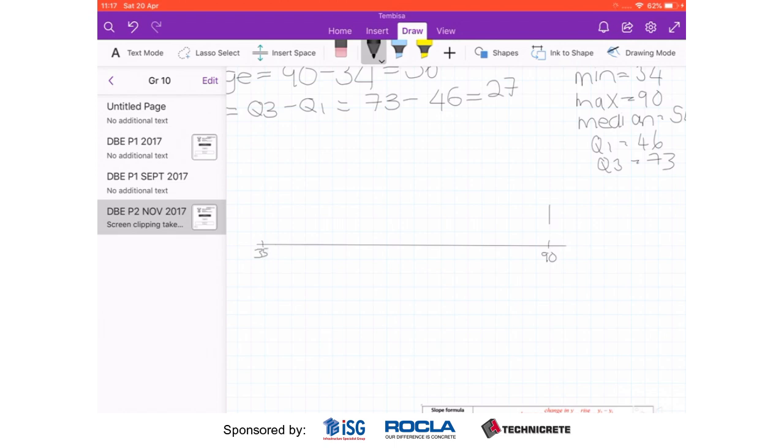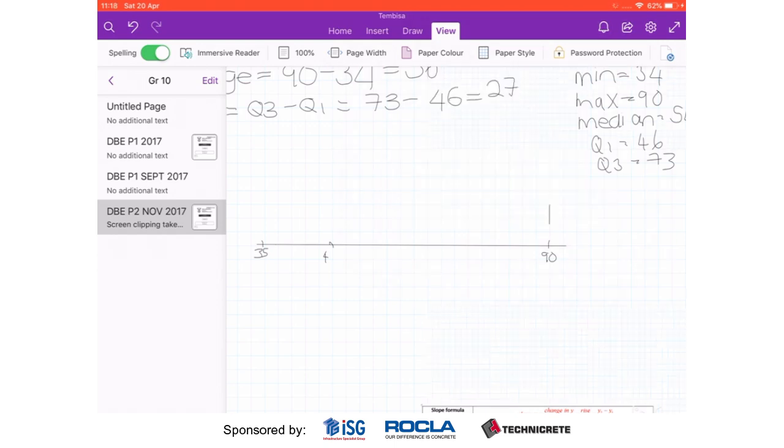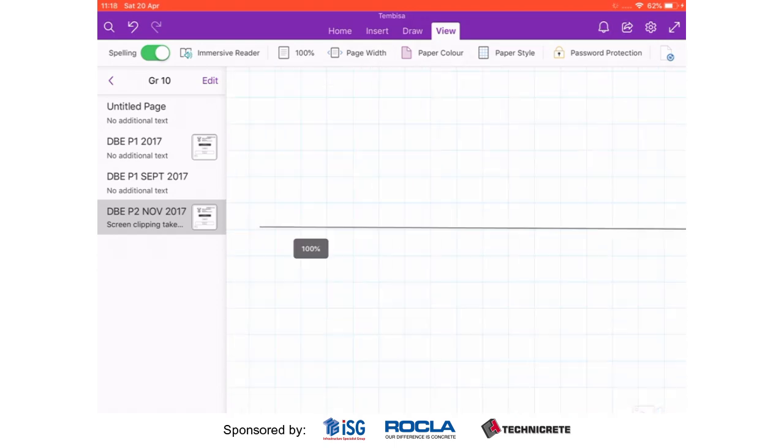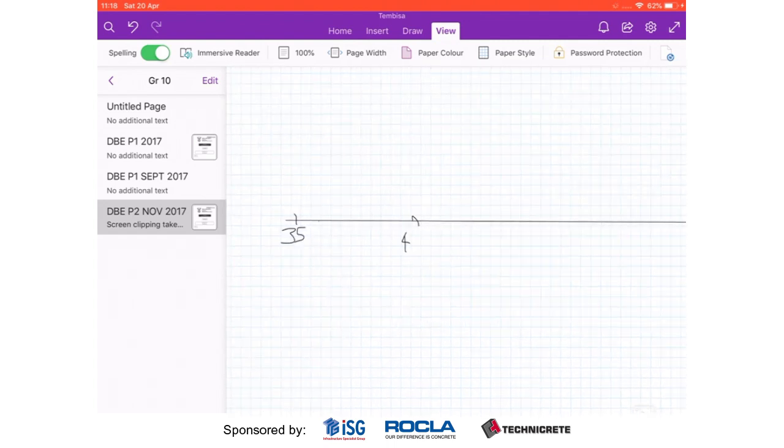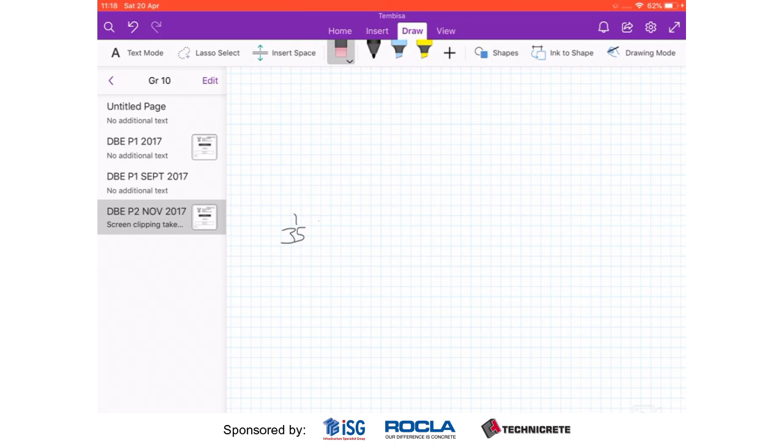So 35, I'm going to go in blocks of 5. Let's rather change the view so that it's easier for us to draw a lot more. Okay, that's a lot better. So zooming in now, let's remake our line.